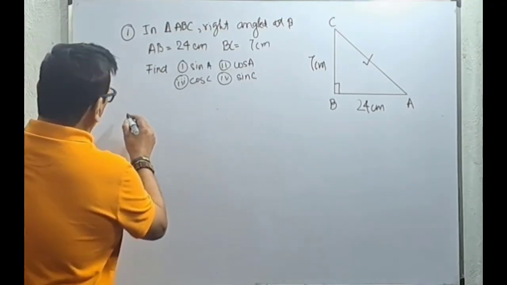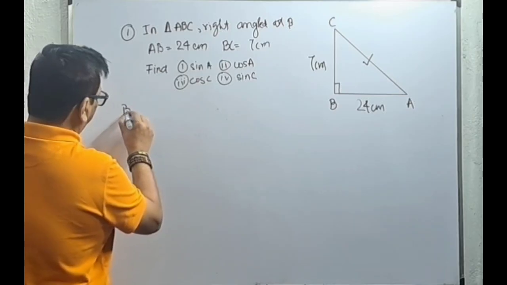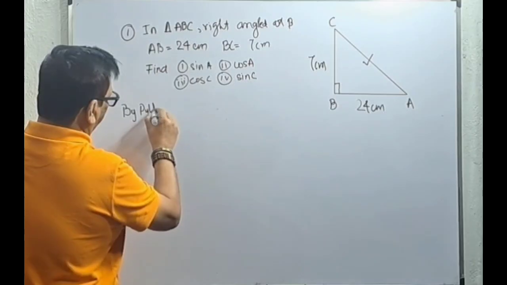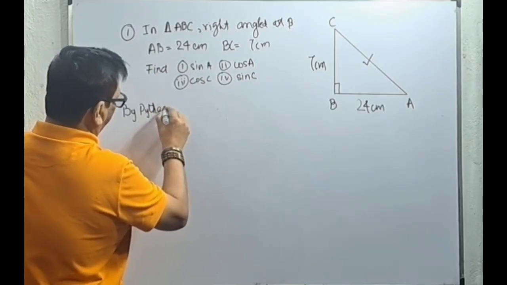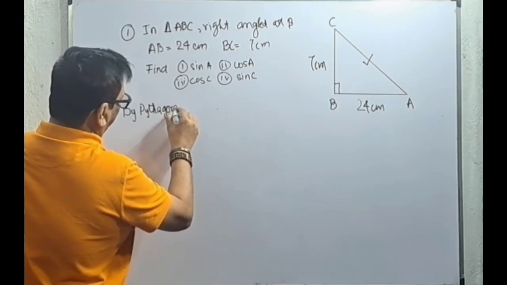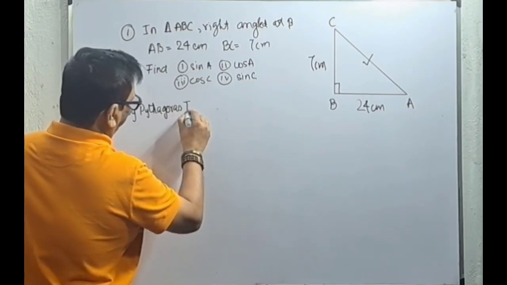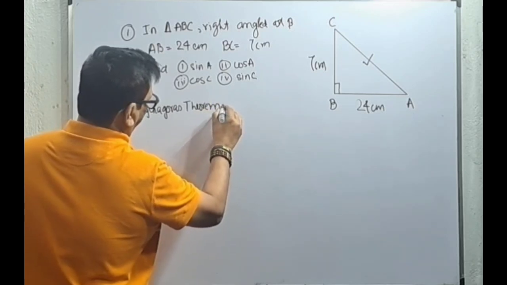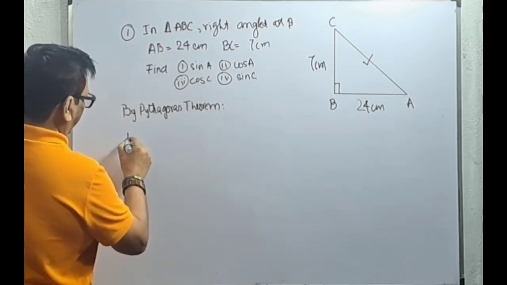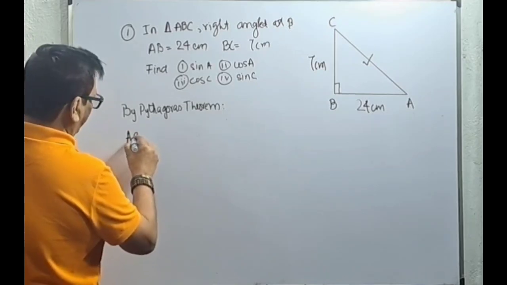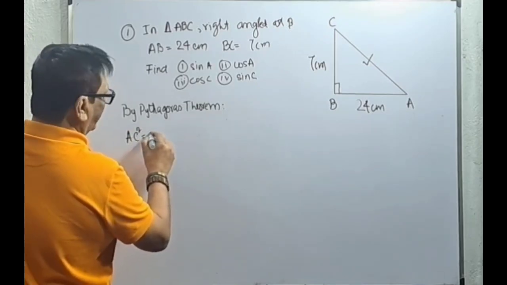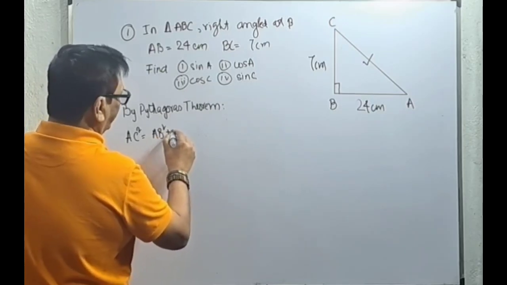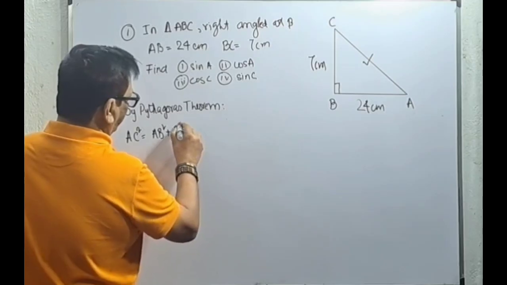Okay. So by Pythagoras theorem, AC square is equal to AB square plus BC square.